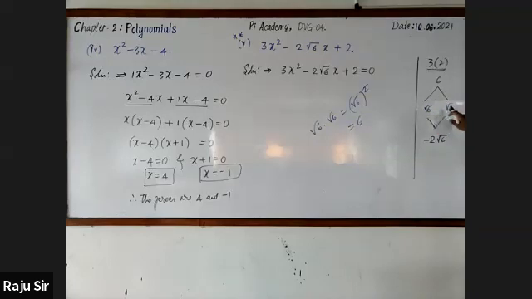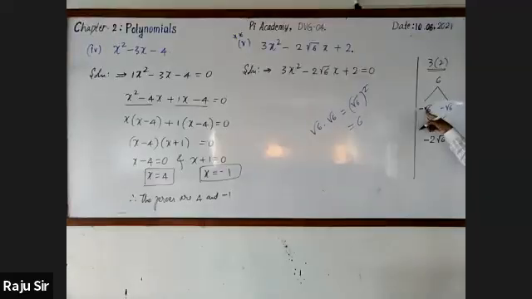So root 6 into root 6 is 6. Root 6 plus 1 root 6 is 2 root 6, but we want minus 2. Minus 1 root 6, minus 1 root 6, minus 2 root 6. Minus into minus is plus, root 6 into root 6 is 6.